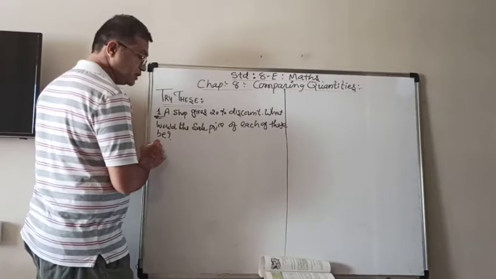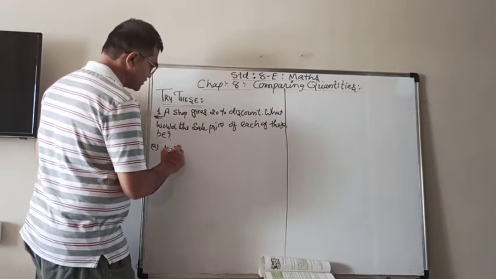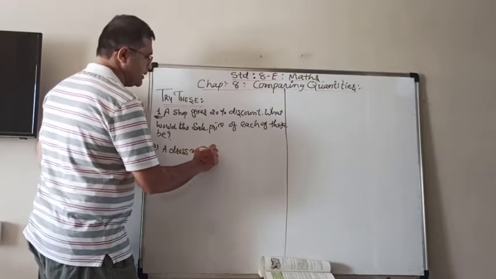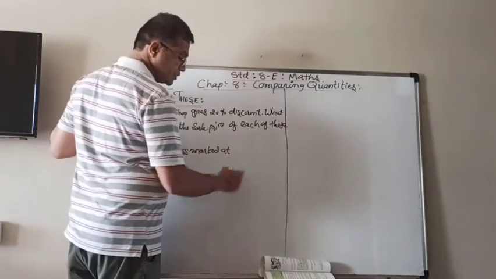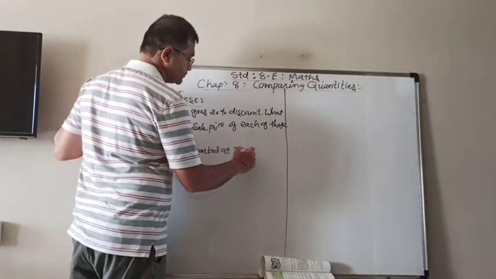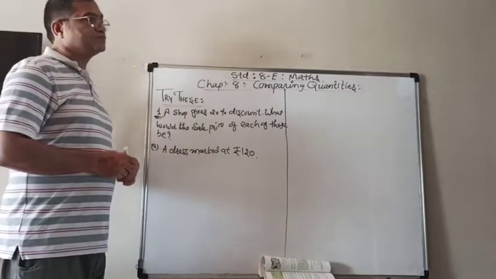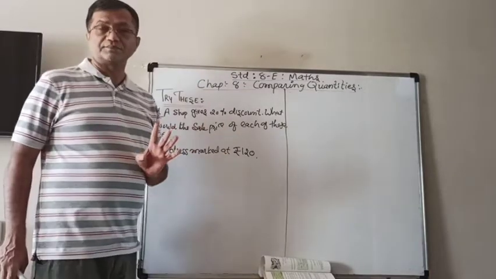So now, first one, a dress marked at rupees 120. On each item, a 20% discount is given.